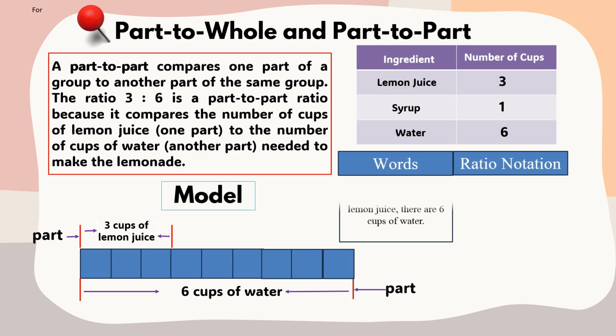In words, for every 3 cups of lemon juice, there are 6 cups of water. In ratio notation, we have 3:6, and we can also write this in fraction form.